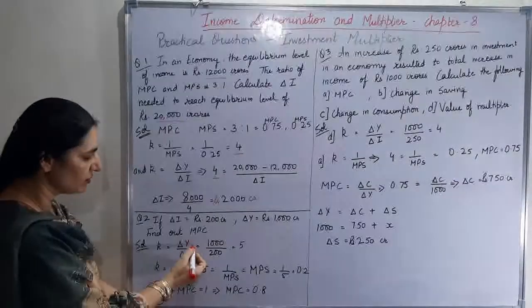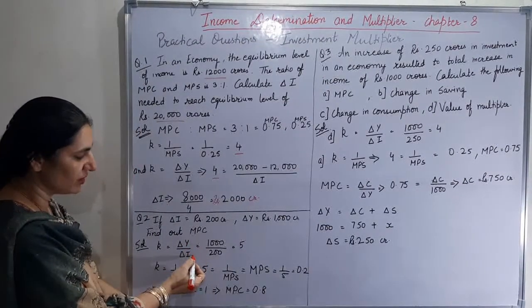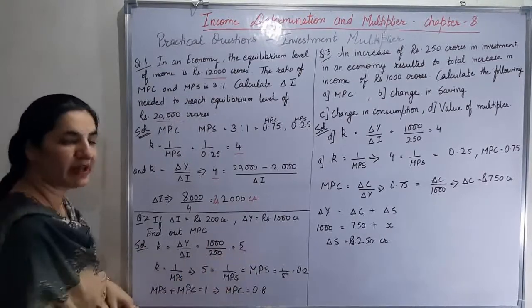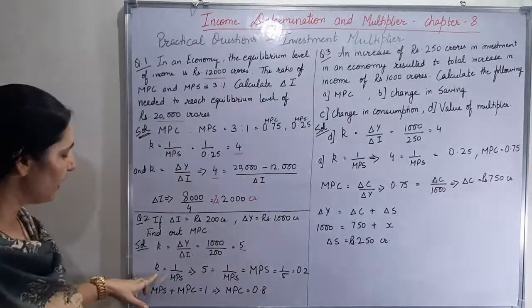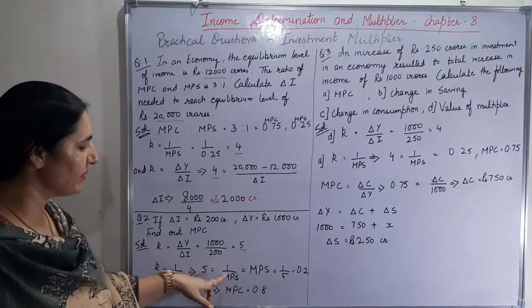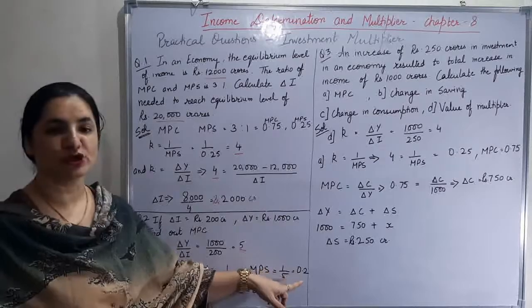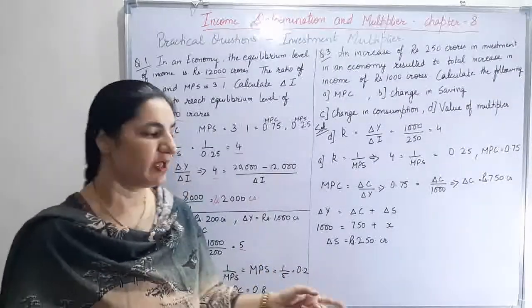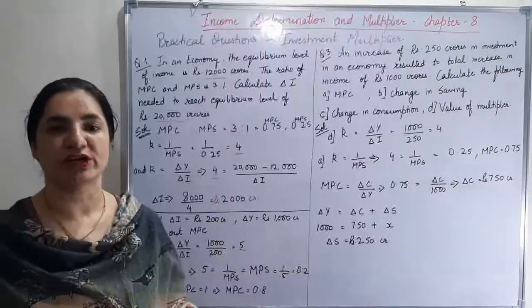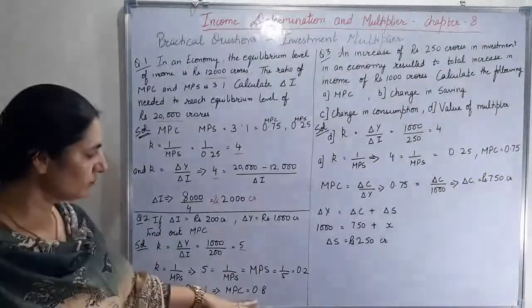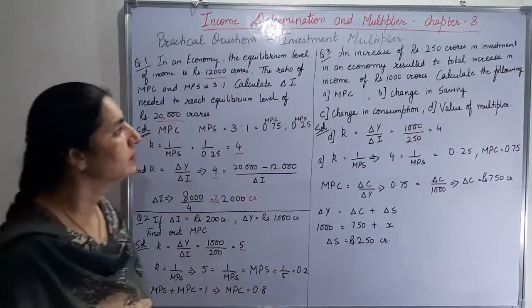So change in income by change in investment is 1000 divided by 200. So the value of the multiplier is 5 times. K is equal to 1 by MPS. So 5 is equal to 1 by MPS, then the value of MPS will be 0.2, and as MPS plus MPC is equal to 1, if MPS is 0.2, the value of MPC is 0.8. That is what we had to calculate.